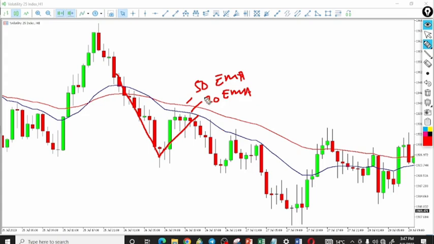If we have the 50 above the 20, now we know that we are in a downtrend. We are now seeing a pullback that comes into the 20 EMA but not close above the 50, and now we see the market moving down, and then it breaks past this previous zone right here. That's when we enter our, let's say, sell trades.